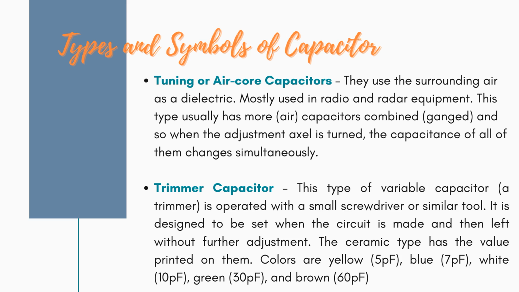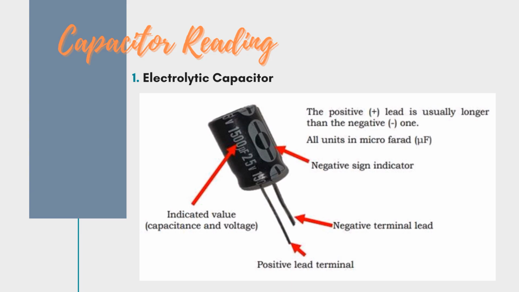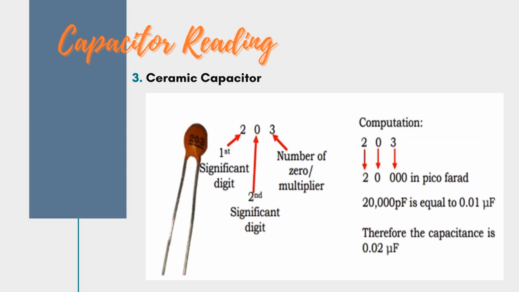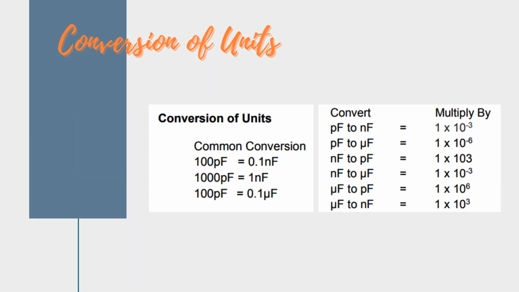Colors are yellow, 5pF, blue, 7pF, white, 10pF, green, 30pF, and brown, 60pF. Capacitor reading. Conversion of units.